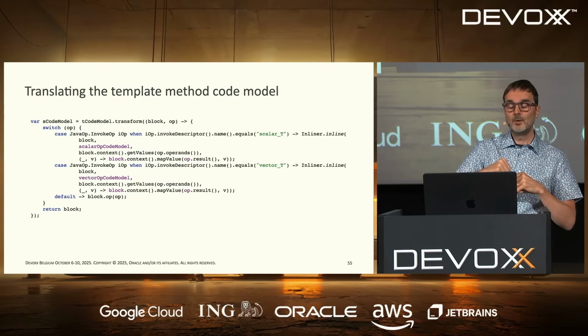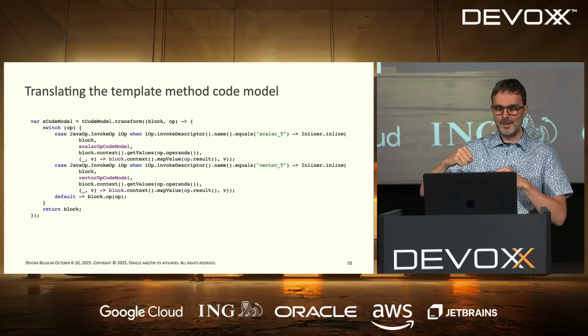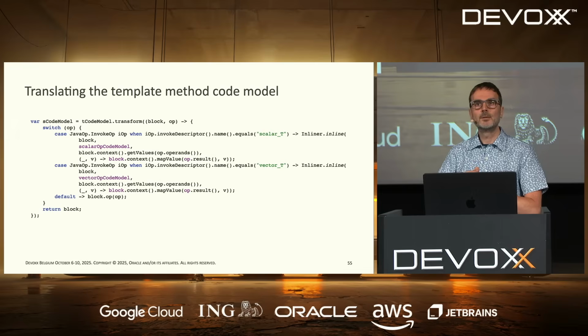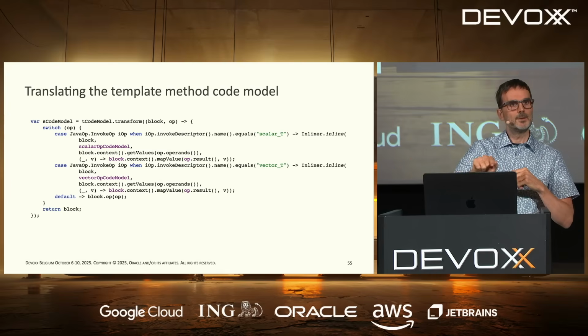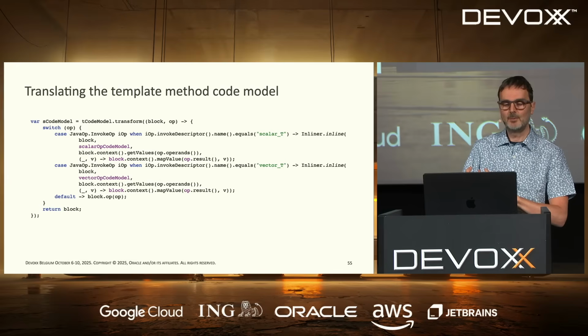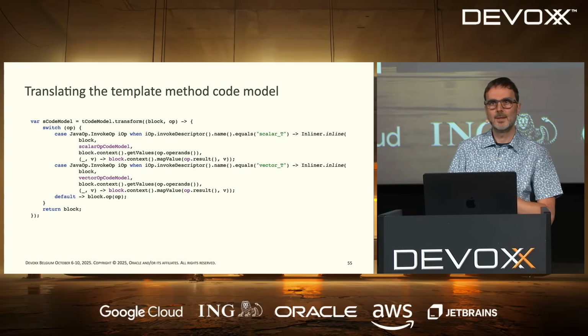Otherwise, if it's an invoke operation and it's describing an invocation to vector t, please inline me the vector opcode model, like so. And that's it. Nicely compressed. This kind of transformation is similar to the class file transformation API, if you're familiar with it. It's a flat map style transformation. It takes an operation in, and you can replace it with 0 or more operations in your output. That's essentially what's going on.